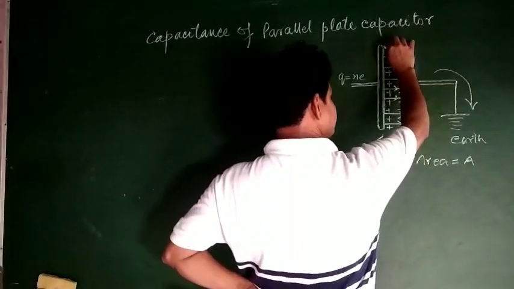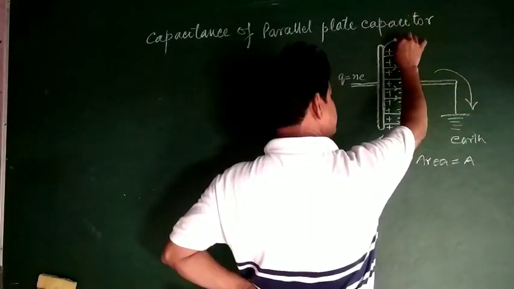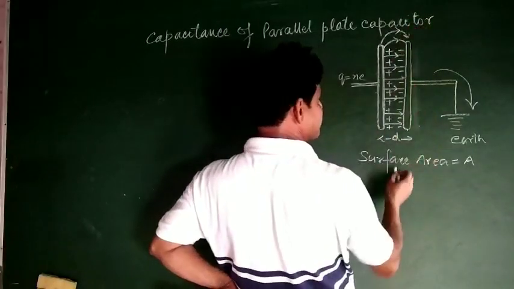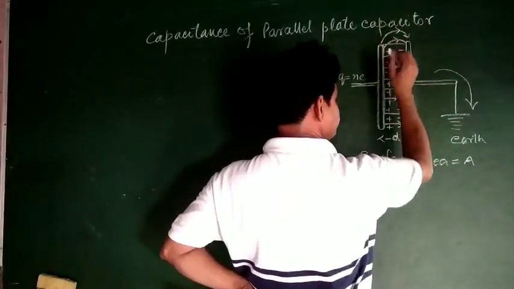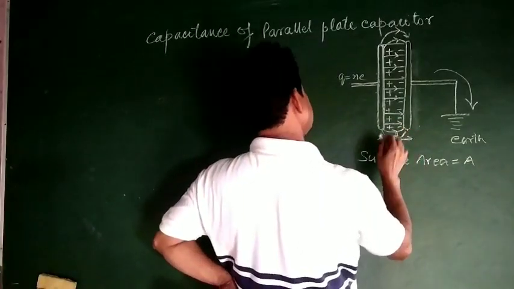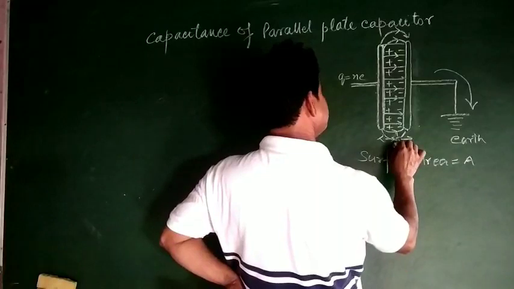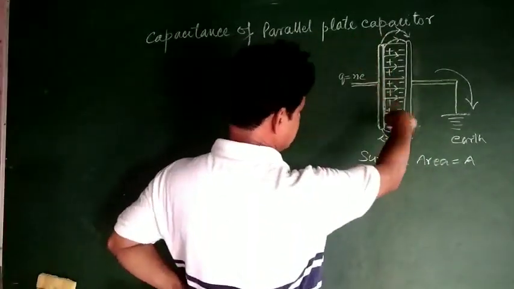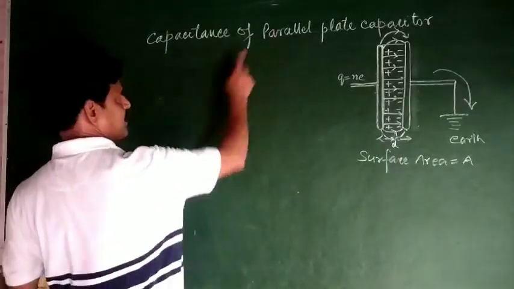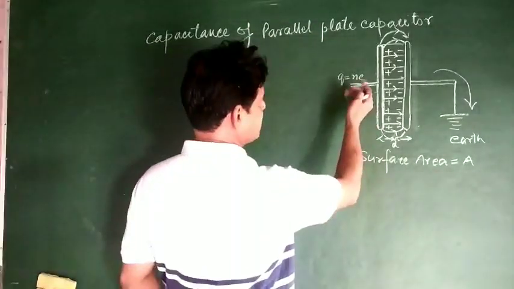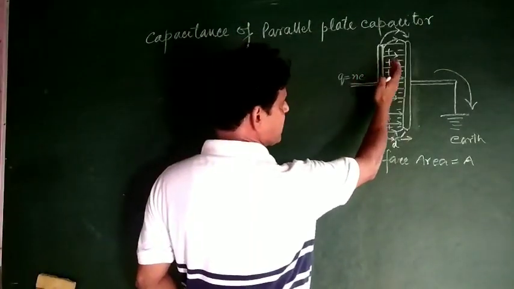At the ends, it shows some curve, but we have to evaluate the electric field within the surface area, which has a small displacement d. This is the total device of a parallel plate capacitor, and this is the functioning of giving charge.